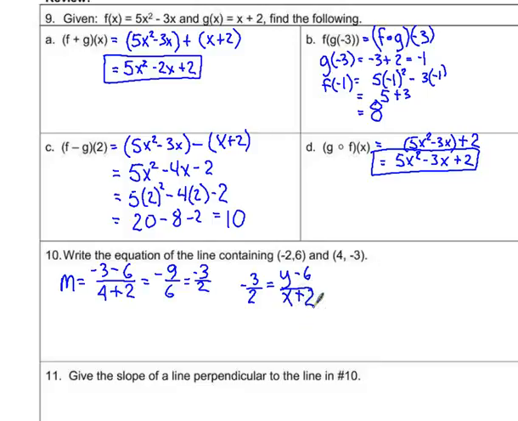All right. We're going to use our cross products, basically cross multiplying, and when we do, we get 2 times y minus 6, and that equals -3 times x plus 2.